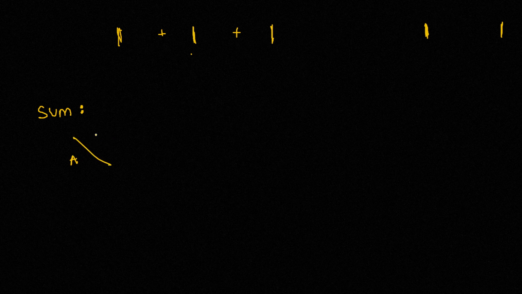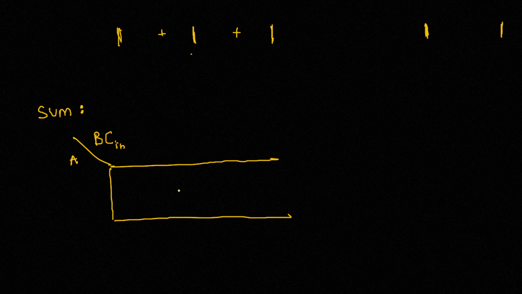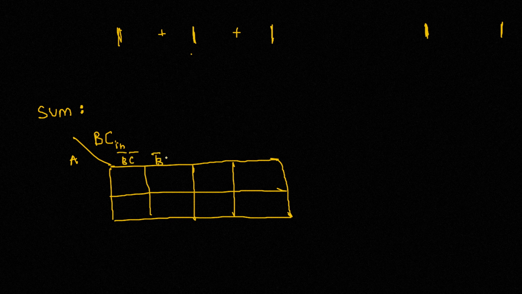So let's say we have A and BC input here. So this will be B complement C complement, B complement C, BC, and BC complement.